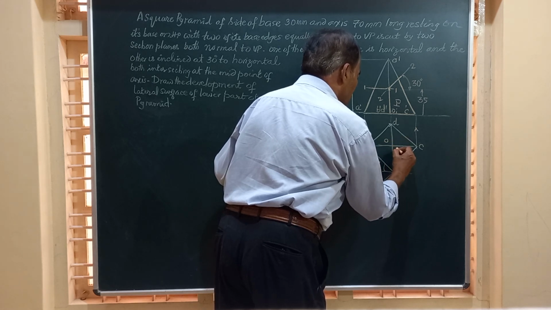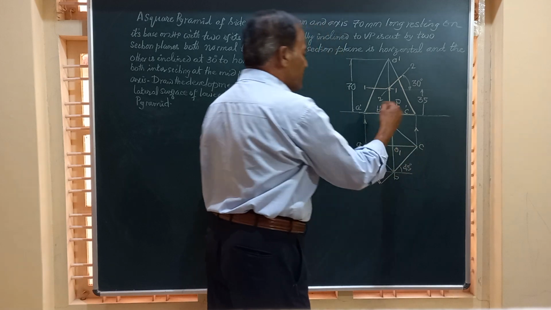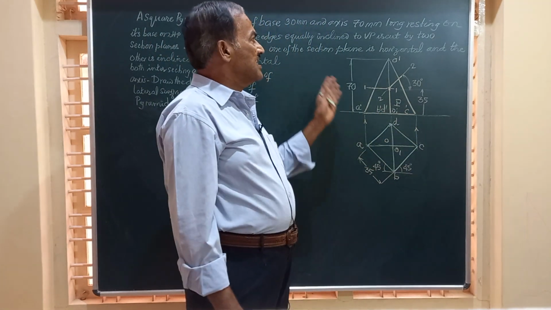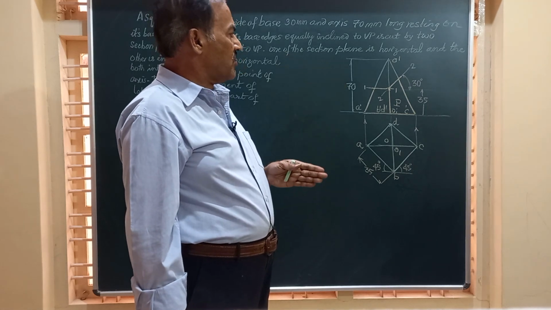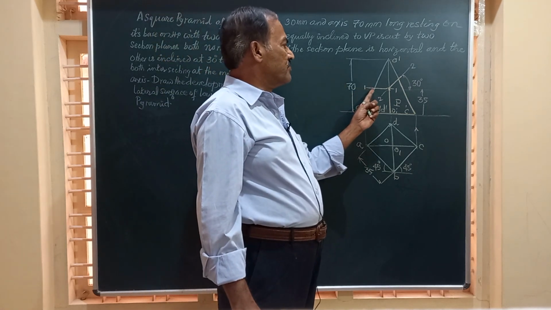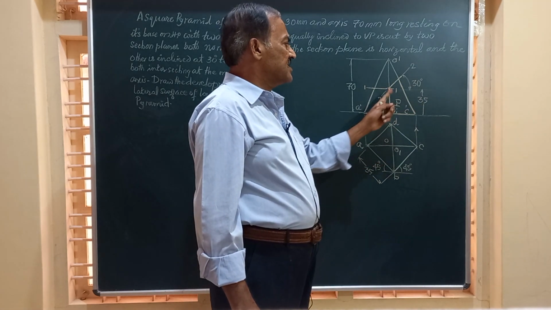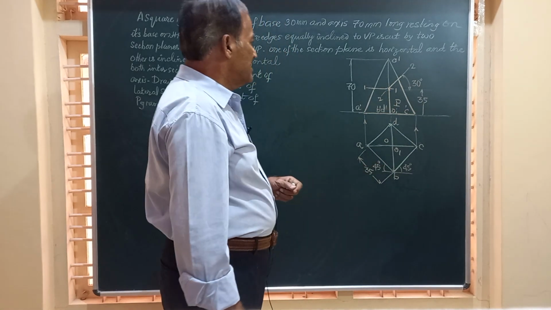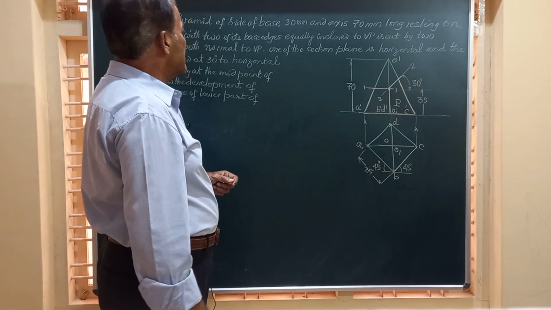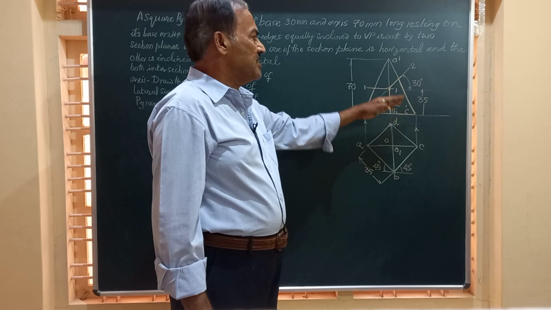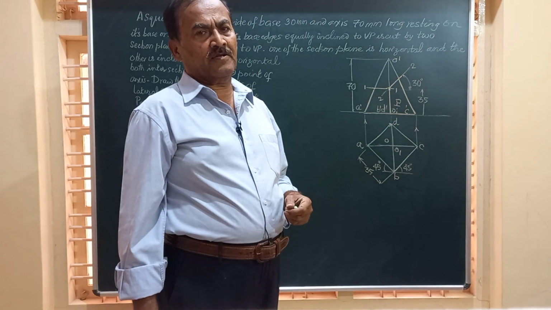So friends, we have drawn the front view and top view of the pyramid in the position specified in the problem, and we have shown the section planes 1, 1 and 2, 2, now both intersecting at the midpoint of the axis. And now friends, let us see how to draw the development of the part which is below the section plane.